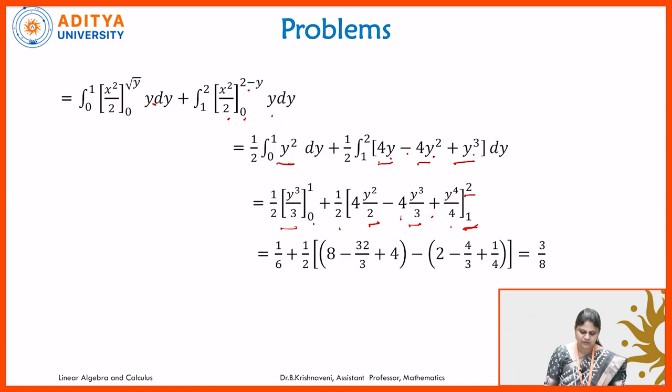For the first part, substituting the limits, 1 by 2 into 1 by 3 is 1 by 6. For the second part, substituting the upper limit y is equal to 2, we get 8 minus 32 by 3 plus 4, minus the lower limit y is equal to 1, which is 2 minus 4 by 3 plus 1 by 4. Simplify it and you get the answer equal to 3 by 8.